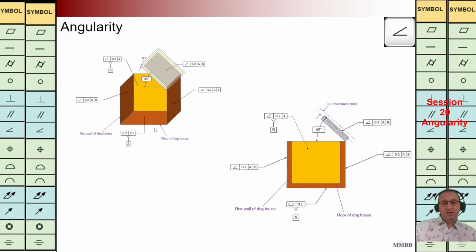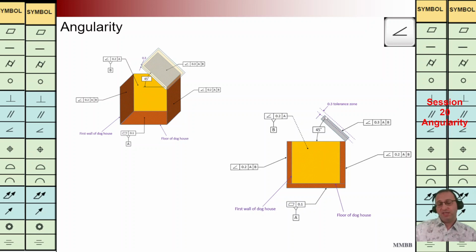Here, the shape is the same as the previous example, but we are going to have the fifth plane here at the angle of 45, and the angularity symbol is used here. TZ is 0.3 back to A and B. On the right hand side, we can see we are going to have two parallel boundaries with the distance of 0.3, and the angle is 45.